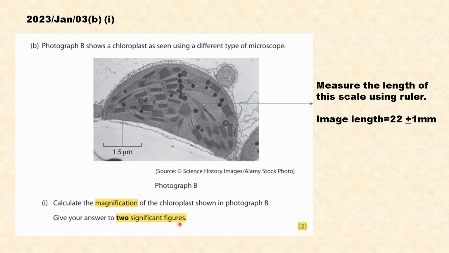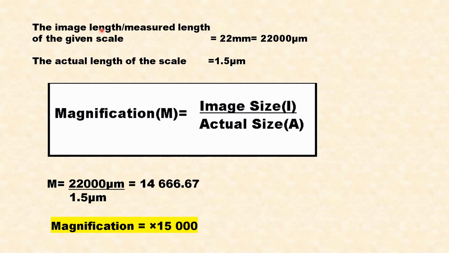As usual, we'll start by measuring the scale provided in the image. In this case, the measurement is about 22 mm, which could have a possible variation of plus or minus 1 mm. Next, we need to convert this image length into micrometers, and here 22 mm is equal to 22,000 micrometers.